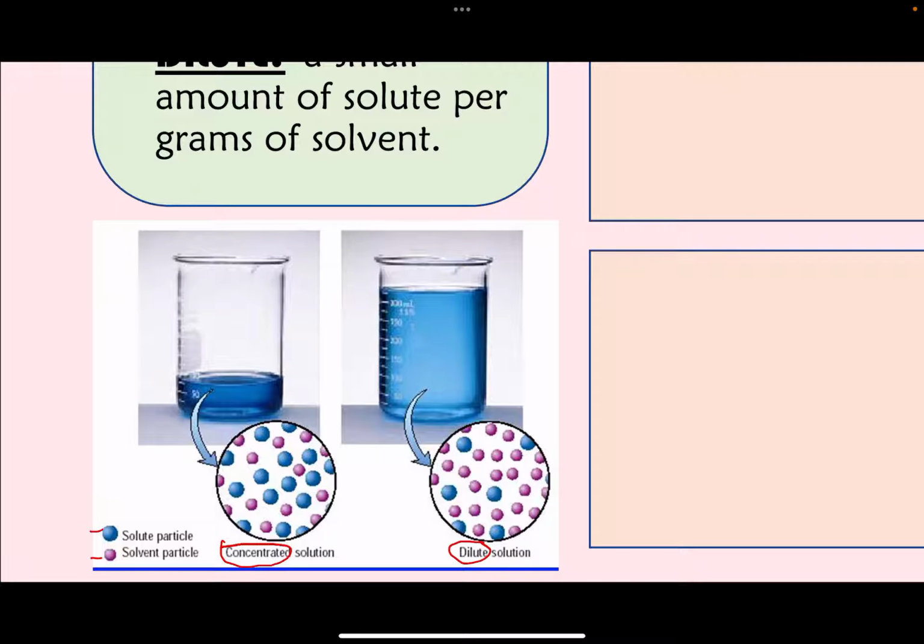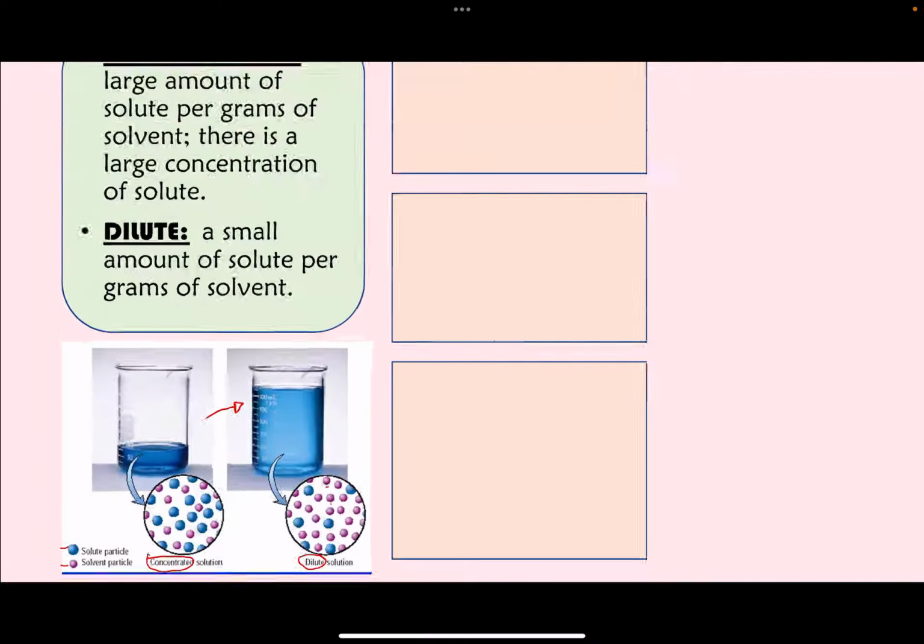This is where we have a lot of the solvent, so a lot of the purple molecules, and very little of the blue particles, which represent the solute. Normally, if you take a small amount of a concentrated solution, and this is what they're doing in this picture, and you add more solvent to that, which in most cases is just water, you can make it dilute.